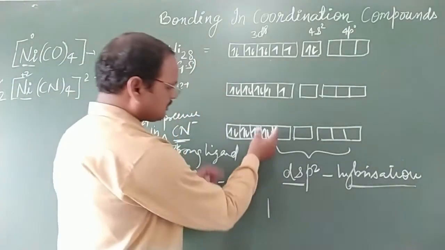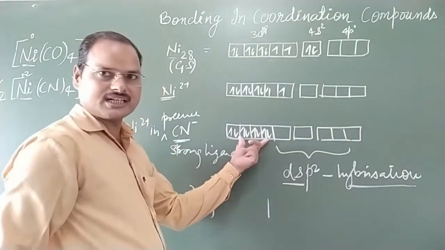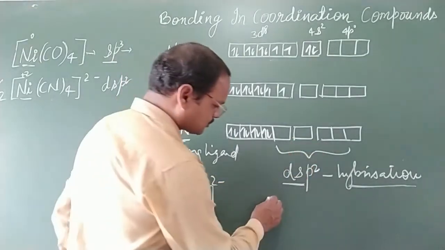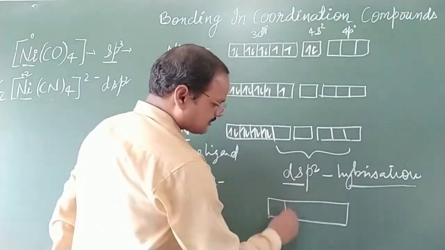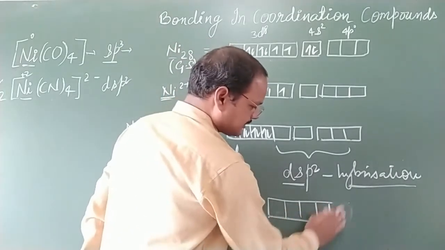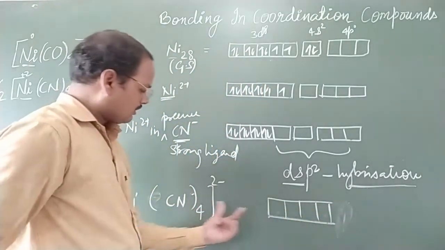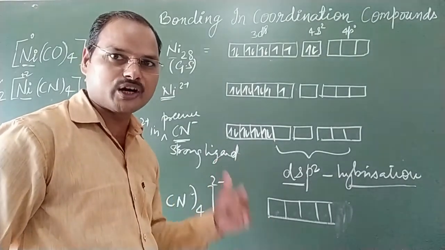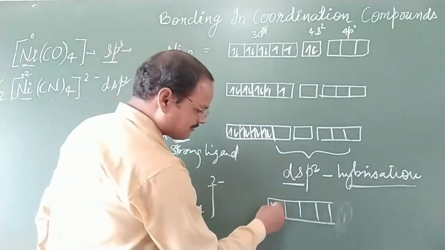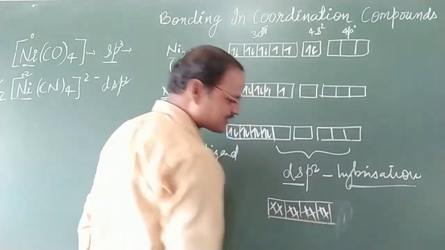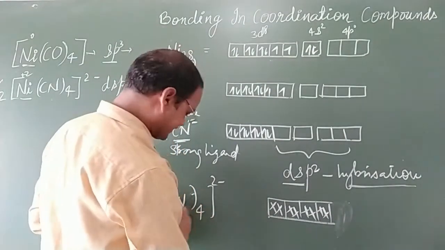Again we can show, leaving aside all the orbitals which are not taking part in the hybridization. Only this part I am writing. So there are 4 orbitals: 1, 2, 3, 4. And 4 CN. Each CN will provide a pair of electrons for bonding with the central metal. So I am showing with 2 crosses the 2 electrons given by CN.